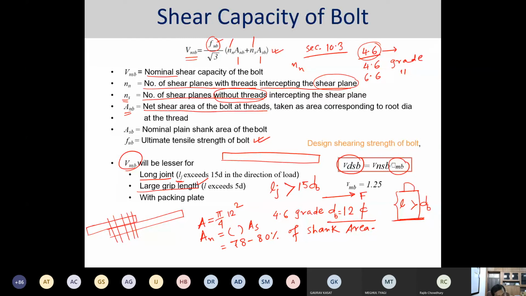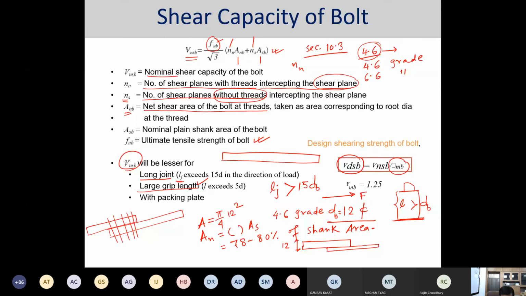And if we have some packing plate also, what is meant by the packing plate? Let's say I have this 12 mm plate, and I have another plate like this.